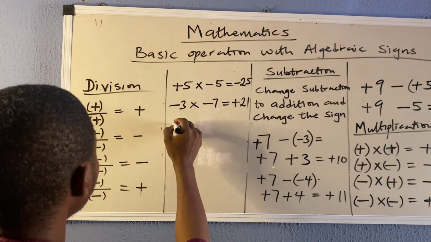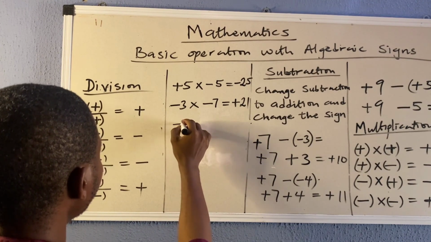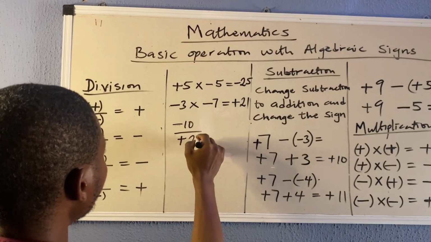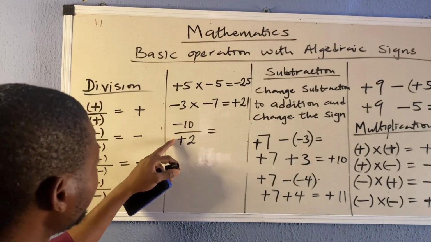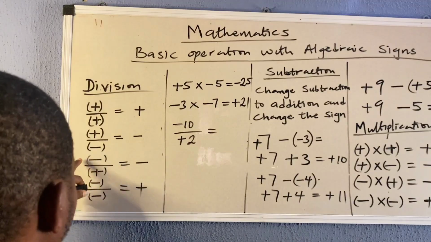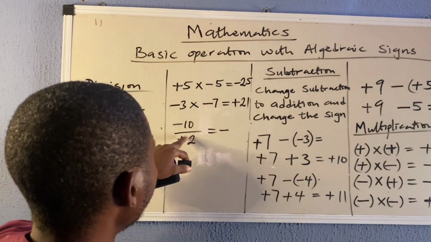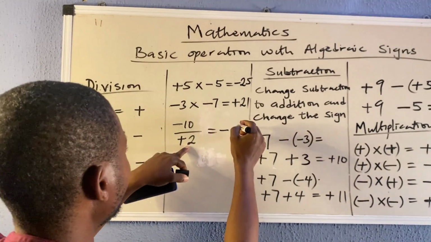Now let's look at division. When you have minus 10 divided by plus 2, minus divided by plus here give us minus. So you write the sign down. Then 10 divided by 2 give us 5.